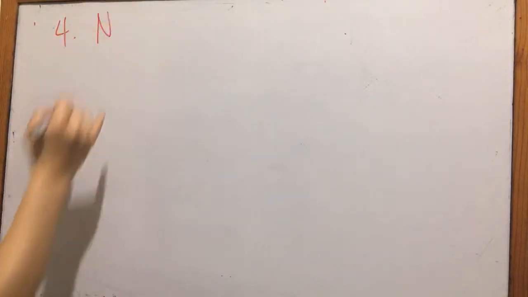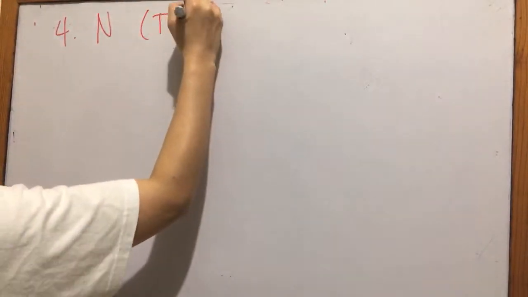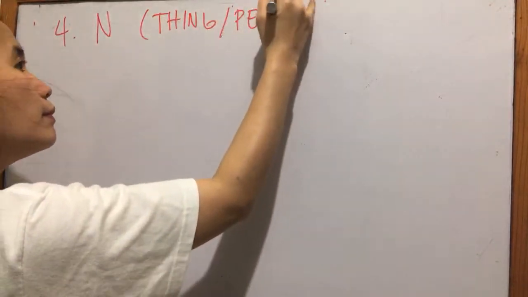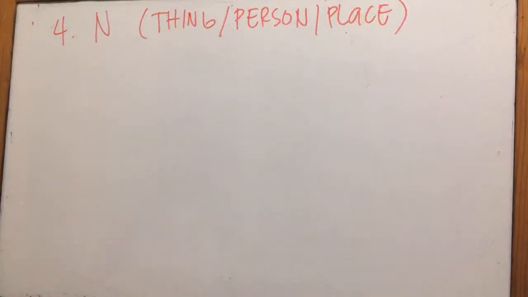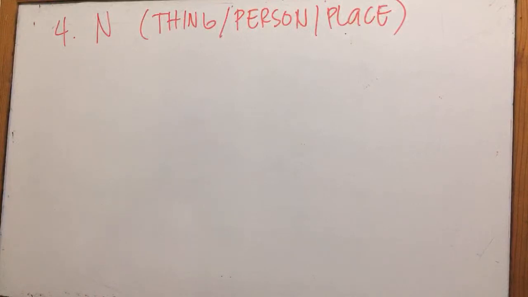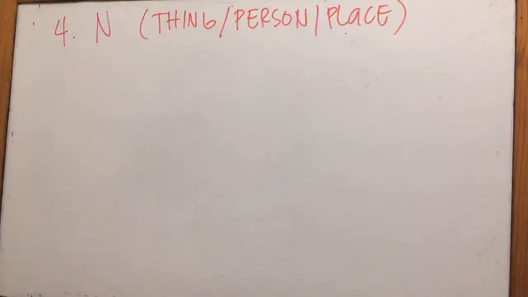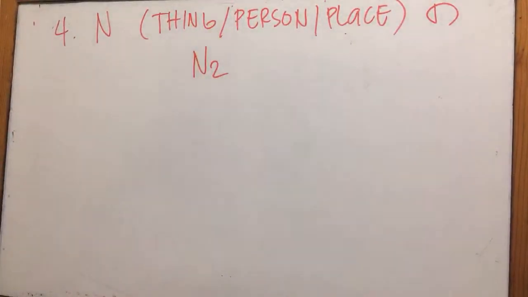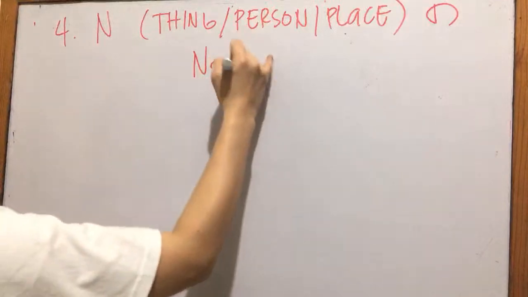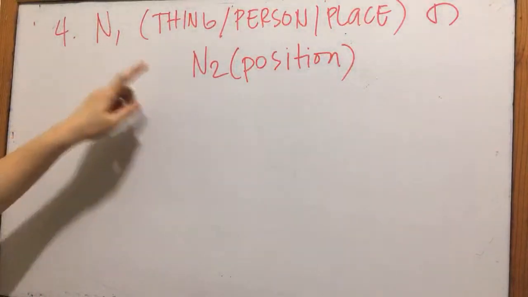Next, number 4. We have again N for noun. Okay, we have thing, person, place, and then no. We have noun 1 and noun 2.